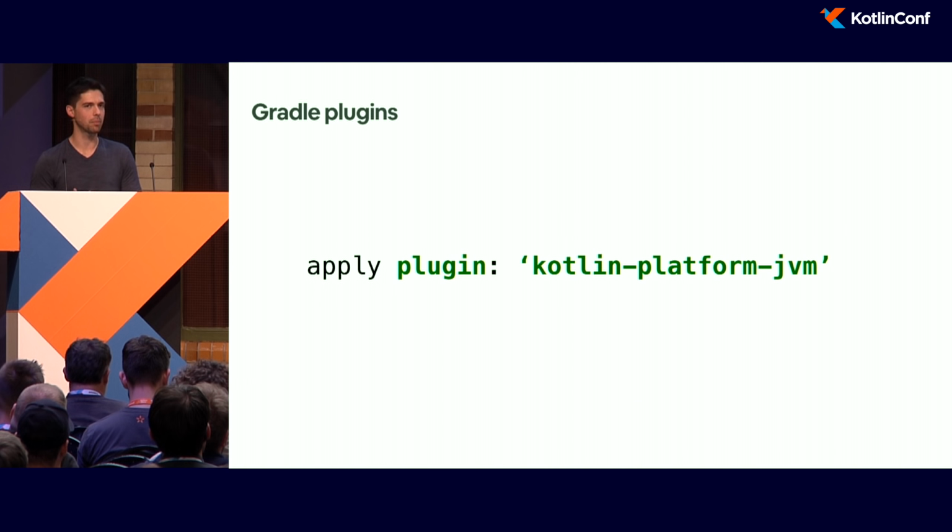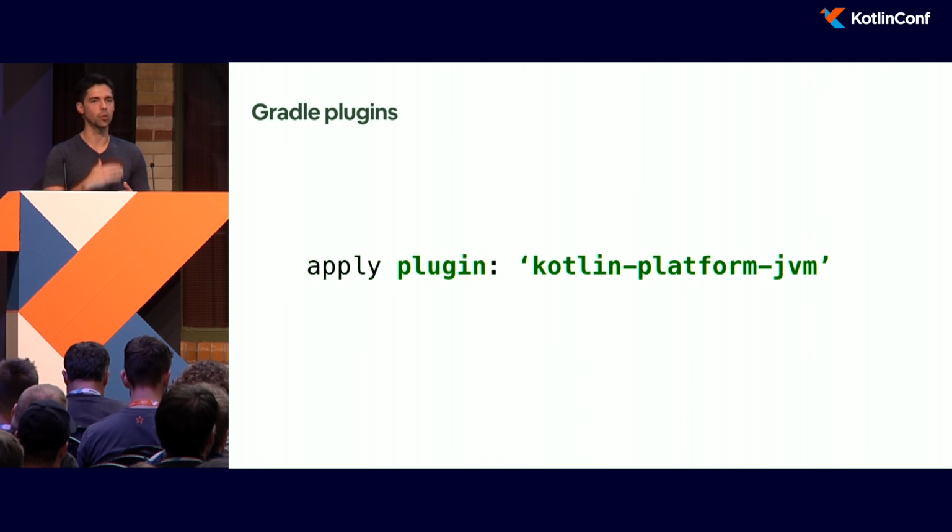I didn't have time to update the slides because that's pretty recent, which just gives you a perspective of how fast this is moving. But this stuff all still works, and you can use it today. It's just that now you can have a single Gradle plugin that allows you to have all the different platforms in a single project.